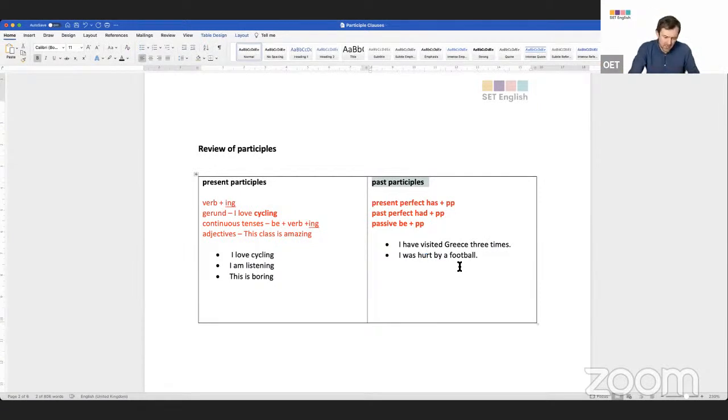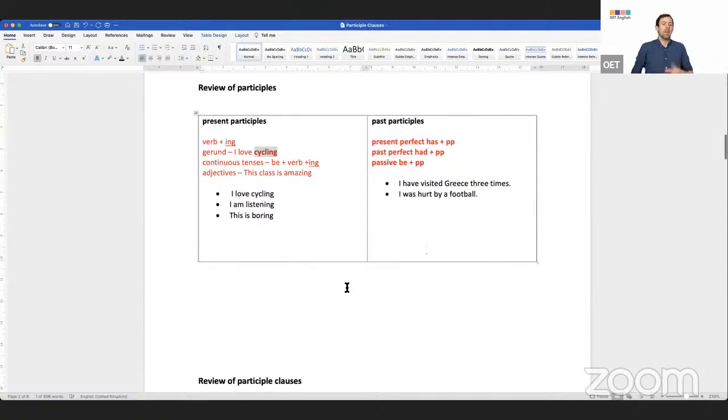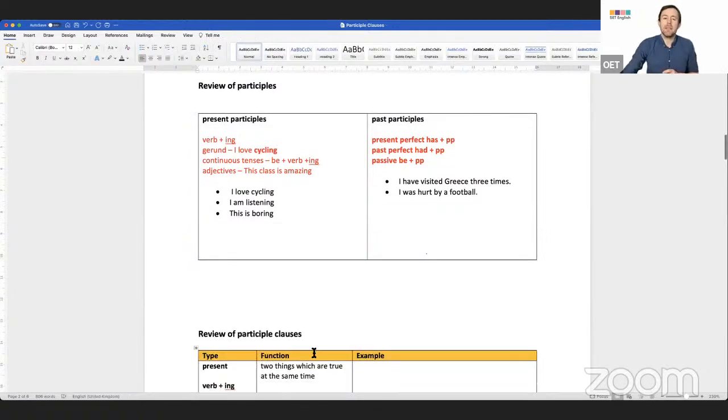You can slice an onion, you can bite an onion, you can boil an onion, you can roast an onion, you can do whatever you want with an onion, but it's always an onion. And it's the same with these. We use them in different ways, and in different sentences they do different things, but they're always this at their heart.